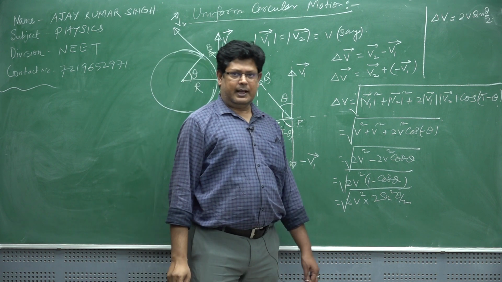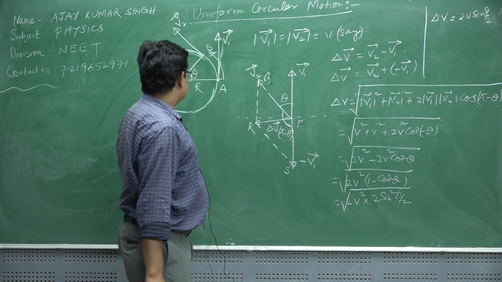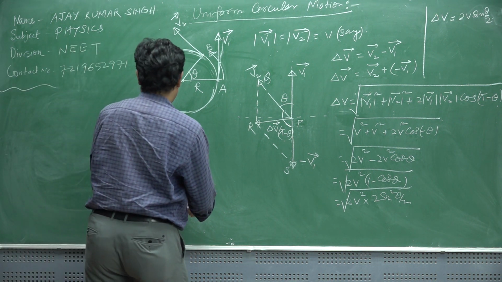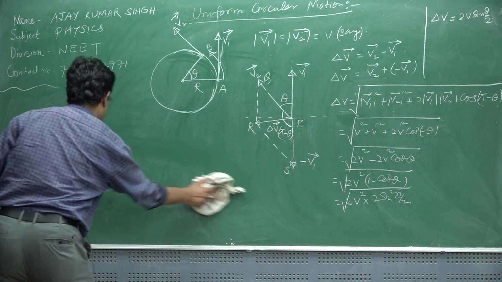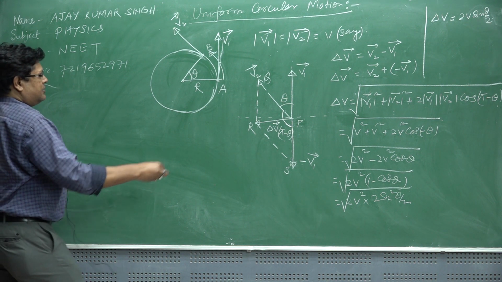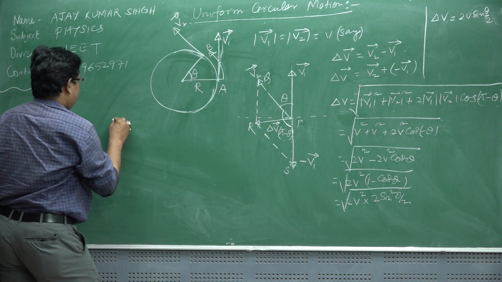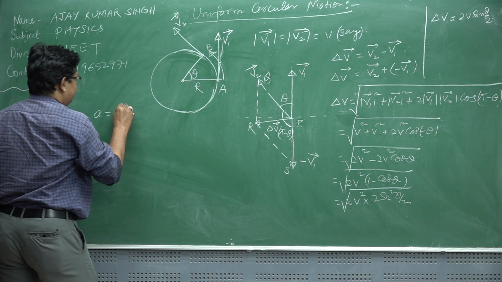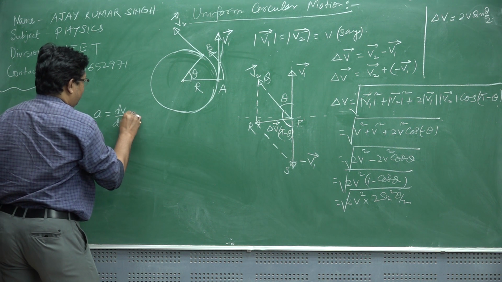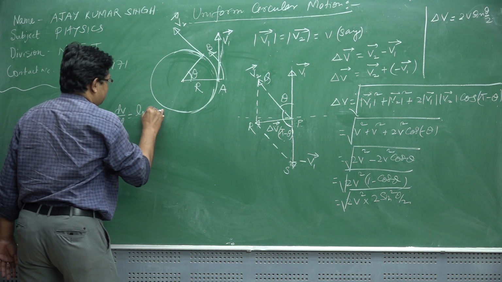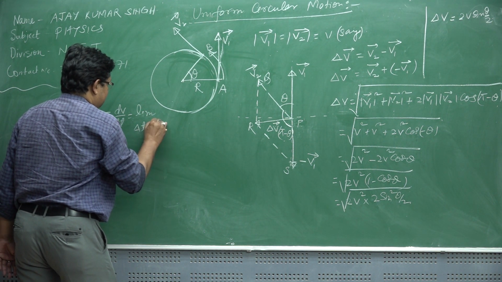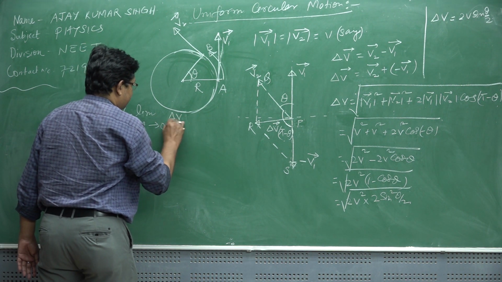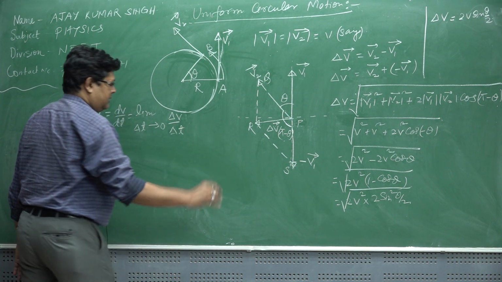But we have to define acceleration, right? So now what can we say? That, okay, from here to here we can say acceleration is equal to dv divided by dt, or we can say limit delta t tends to 0 of delta v divided by delta t, right?